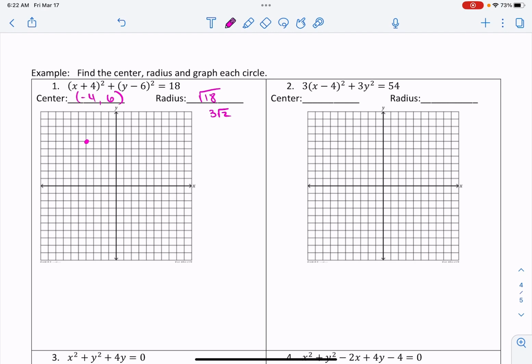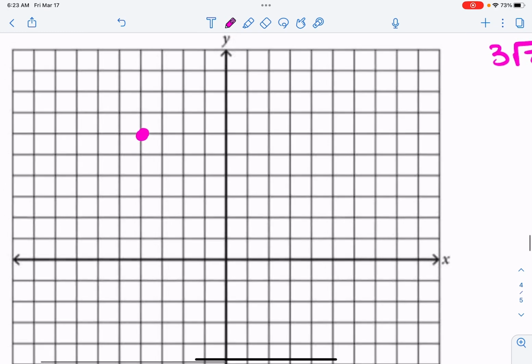And then the next thing we're going to do is take the square root of 18. We know that's going to be less than 5 because the square root of 25 is 5. But it is going to be greater than 4 because the square root of 16 is 4. So it is going to be closer to the 4 unit, so 4 point something. And since we're not going to have a calculator, we're just going to round. It's going to be about 4 point and a little bit more.